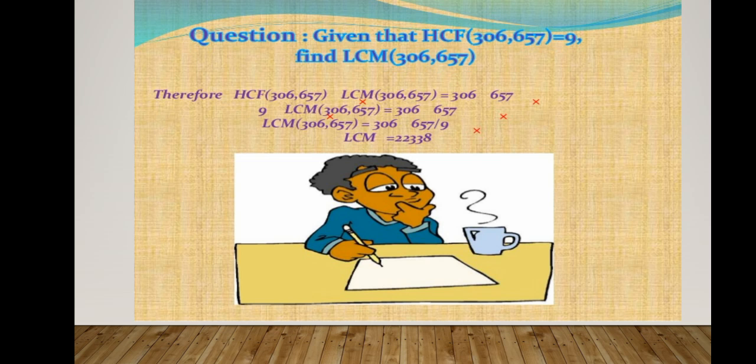Now here is a question. If you are given the HCF of two numbers 306 and 657 is equal to 9 and you have to find out the LCM, then we have the formula HCF into LCM is equal to the product of two numbers. Therefore, apply this and get your answer.